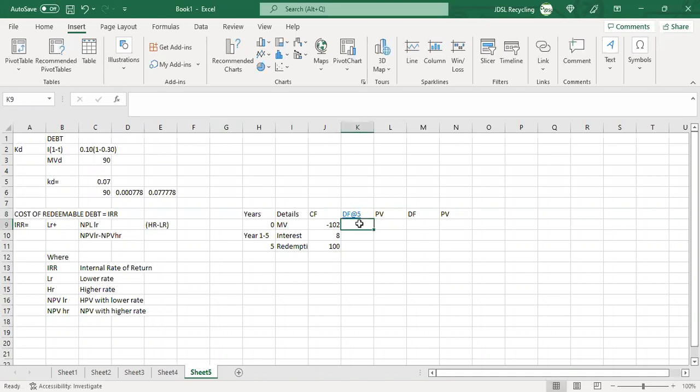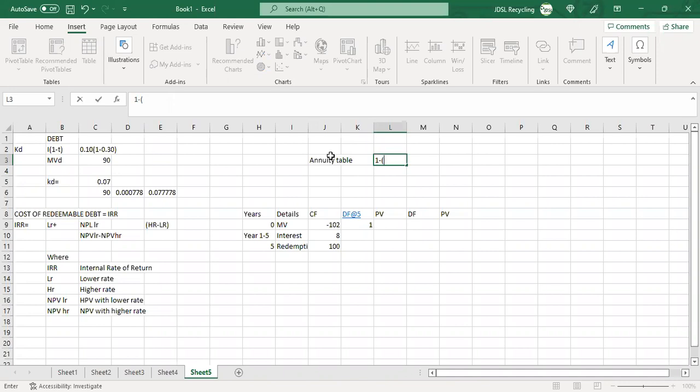So year 0 is usually 1. Year 1 to 5, that is annuity table. At the back of our question paper, the annuity table will usually be given to us, so there won't be any need to calculate our annuity factor. But for external sake, we will need to calculate the annuity factor.